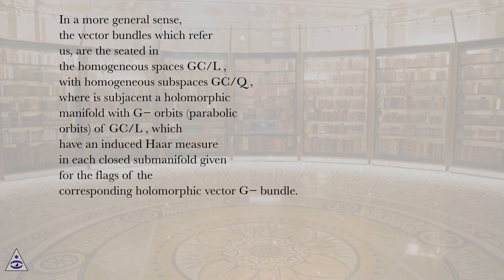In a more general sense, the vector bundles which refer us are those seated in the homogeneous spaces GC/L, with homogeneous subspaces GC/Q, where subjacent is a holomorphic manifold with G-orbits, parabolic orbits, of GC/L, which have an induced Haar measure in each closed submanifold given for the flags of the corresponding holomorphic vector G-bundle.